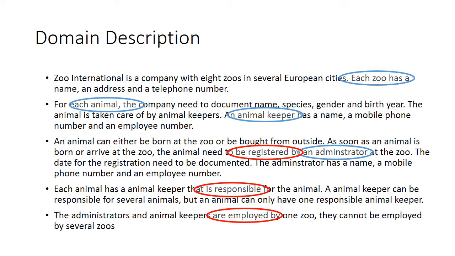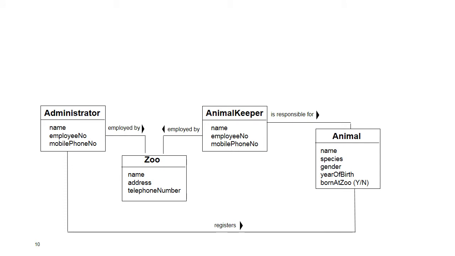So now let's model these verbs using associations. You can see in the diagram here that the administrator and the animal keepers are employed by the zoo. We can see that the administrator registers animals and the animal keeper is responsible for animals.